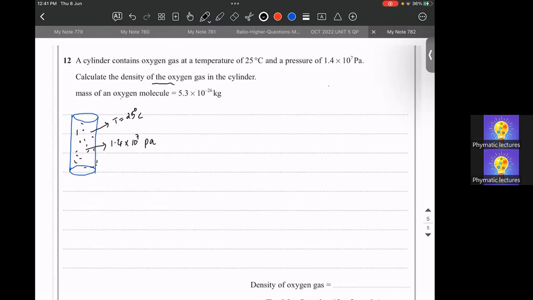The density of oxygen gas in the cylinder, that is what we really want to calculate.